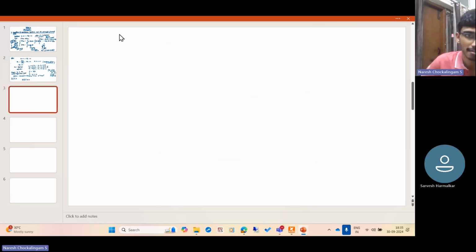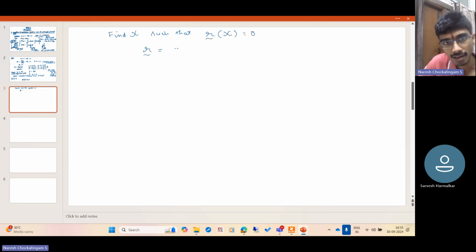Now, what is our objective? We want to find chi such that the residual r of chi is equal to 0. And r, we are defining it as the divergence of sigma plus rho b. So if this thing is actually 0, then if you take a dot product of r with an arbitrary velocity field, then it should also be 0 for all arbitrary admissible velocity fields.